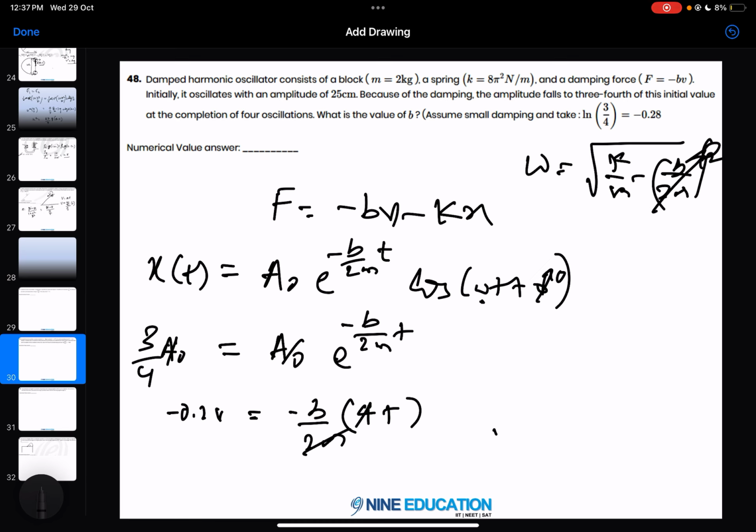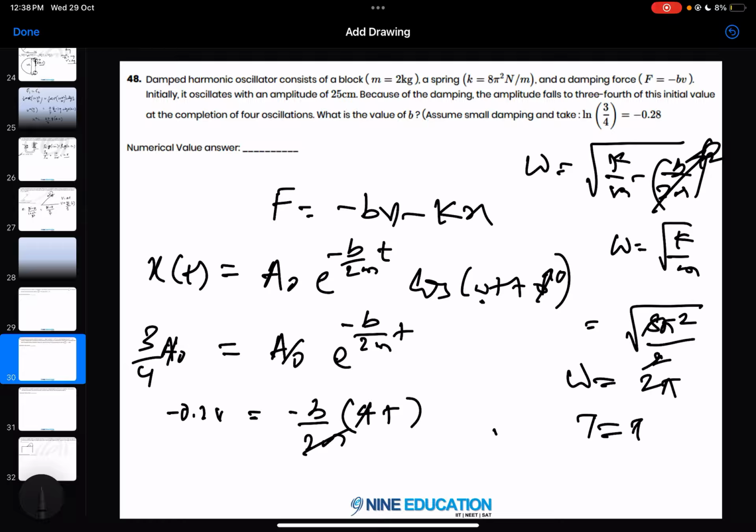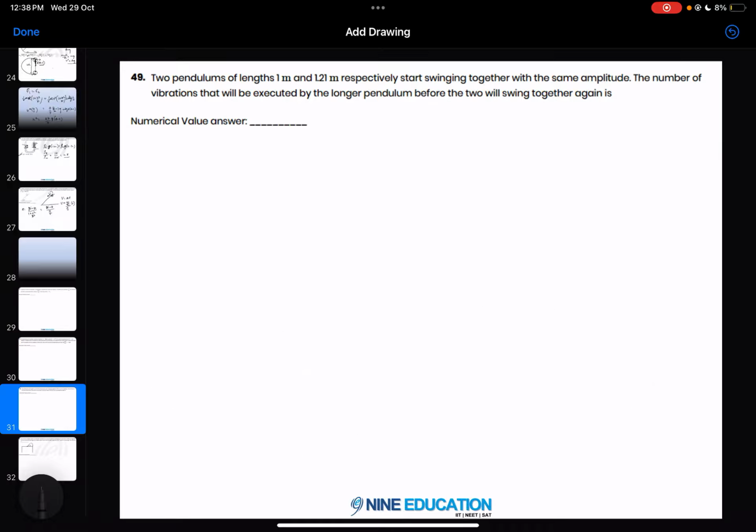So b by 2m, if you approximate to 0, omega is under root k by m. k is 8 pi square, m is 2, root 4 pi square will be 2 pi, omega is 2 pi, which means the time period is 1. So b value will be 0.28 approximated to 0, so the answer will be 0.